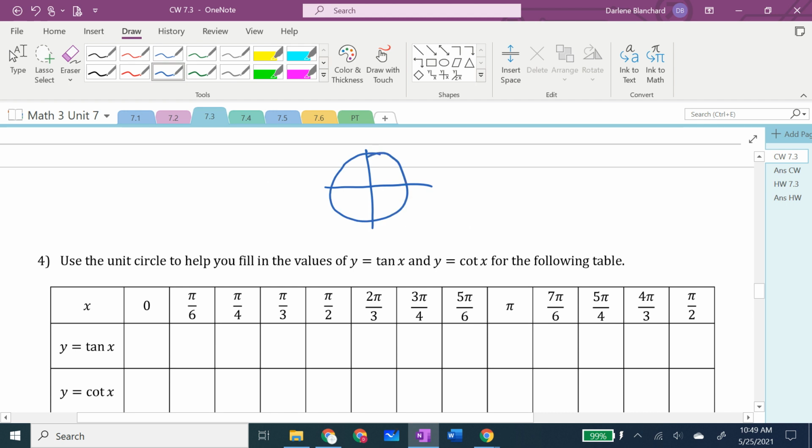The angles that we look at on the unit circle are 0, pi over 6, pi over 4, pi over 3, pi over 2. So I'm going to start with those.